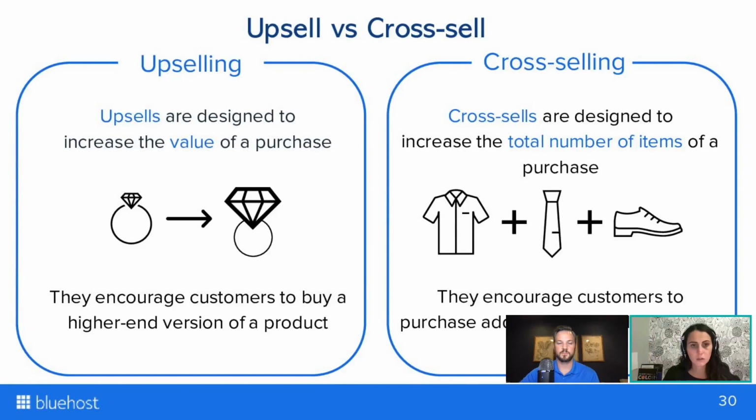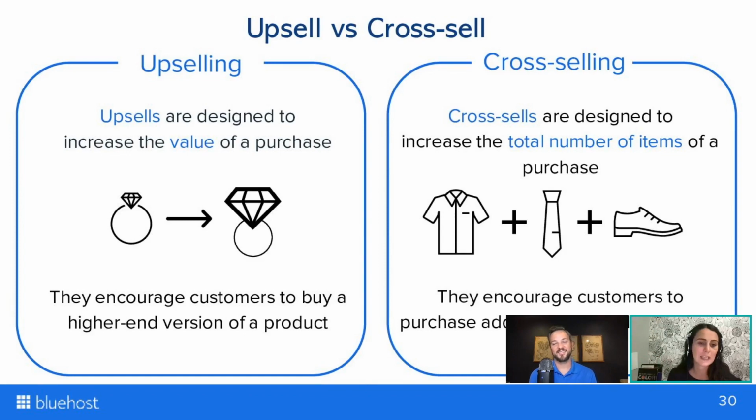So upselling versus cross-selling. Upsells are designed to increase the value of a purchase. They encourage customers to buy a higher end version of a product. So you see here, there's a smaller diamond, and we're encouraging them to buy a bigger diamond that is more expensive.